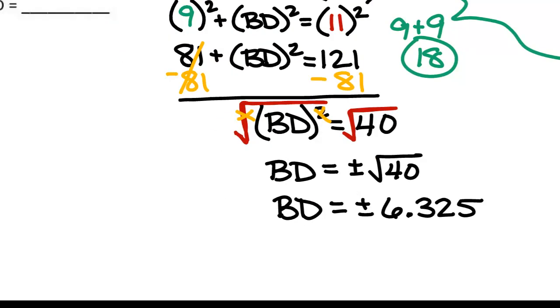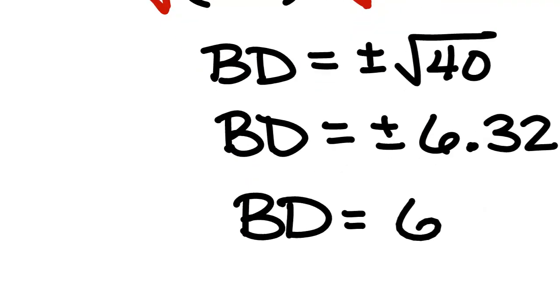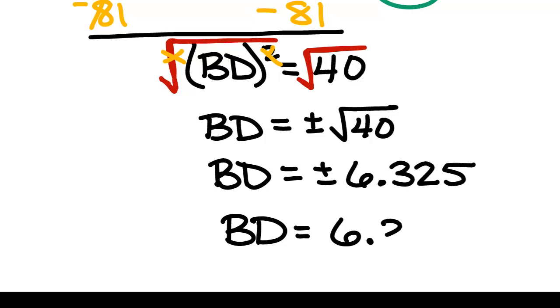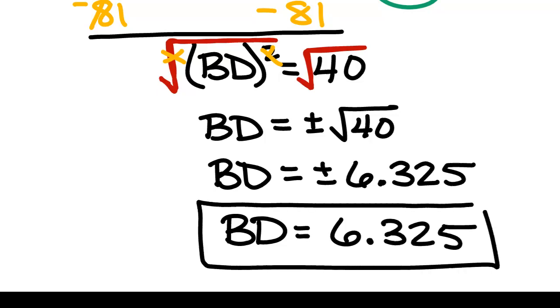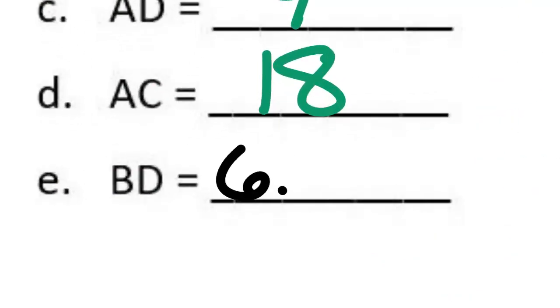And now my last question here, because anytime we take a square root, we get two answers. But BD is this segment right here. Could you go and measure a segment with a ruler and get a negative length? No. So the true length of segment BD would just be the positive 6.325. We get two answers from doing the square root, but only the positive answer makes sense here.